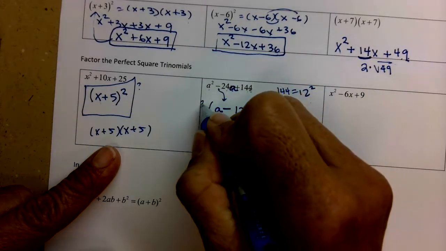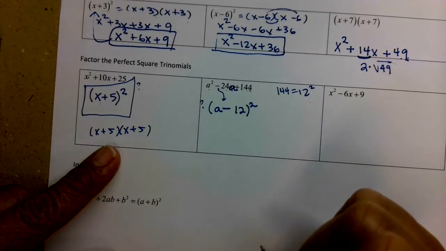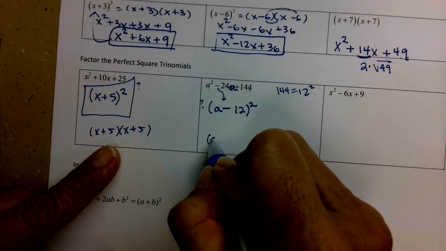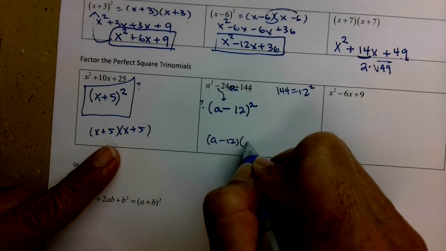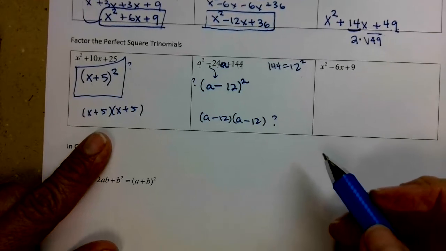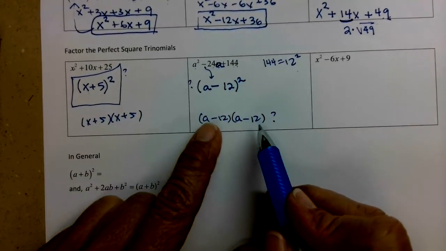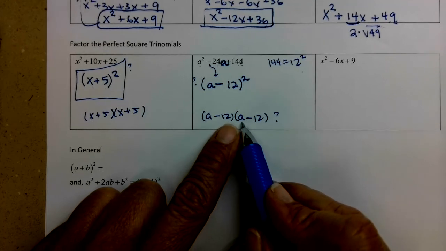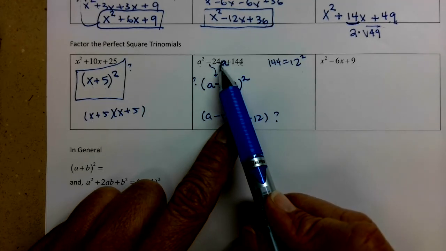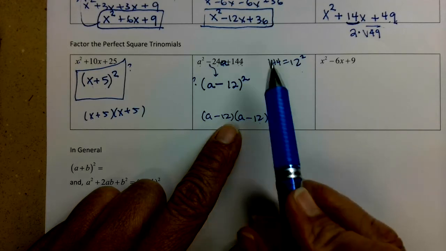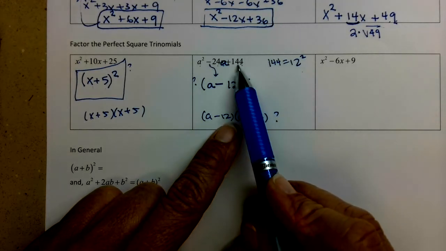And again, it's kind of a guess at this point. And now we're just going to make sure we get back to that 24. So is a minus 12 times a minus 12, does that get me back? Okay, so a squared, yes. Now let's check the middle. So outer is negative 12a minus 12a, yes, negative 24a. And then finally, it is negative 12 times negative 12, positive 144.